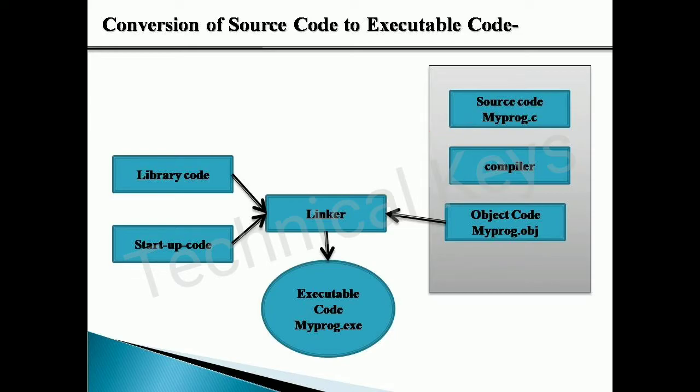This source code, or this file which I want to run, will first be compiled, means it is given to the compiler. What this compiler does is convert the source code, our problem statement, into machine language. This machine language means I have created my object code.